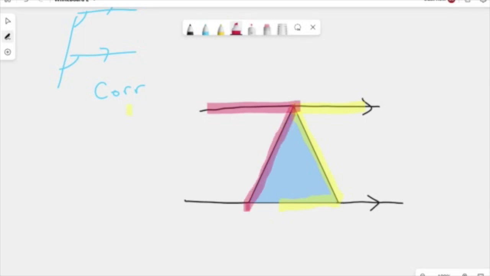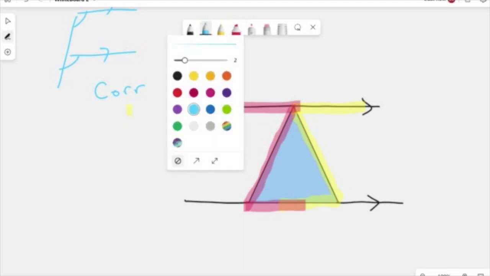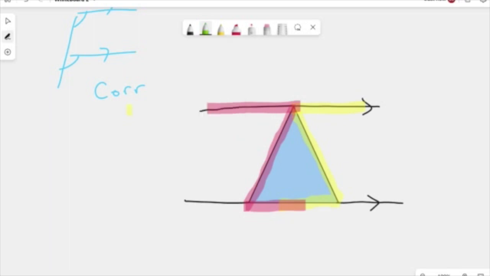And hopefully this is sparking some creative juices. We're going to have a look here, and this is going to tell us something about the angles of our triangle. If these are parallel lines, that means we have a couple of pairs of alternate angles.